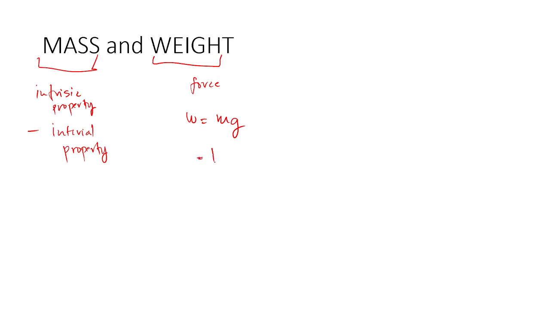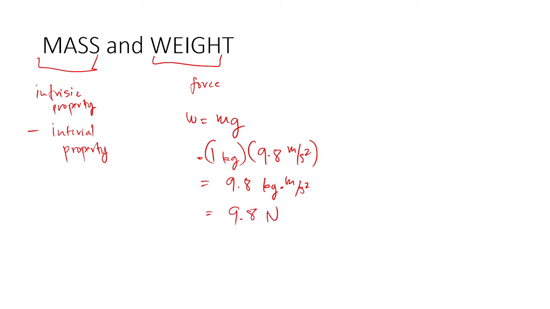Kasi if we have 1 kilogram and we get for the weight, we just multiply that to our 9.8 meters per second square. Yun kasi we will have here 9.8 kilograms meter second square. Okay? So that means we will have there 9.8 newtons per 1 kilogram mass. Okay? So that is the difference between the mass and the weight.